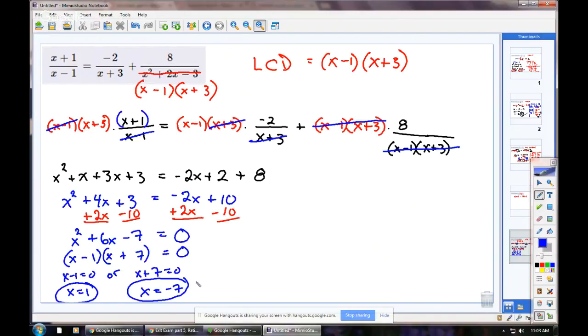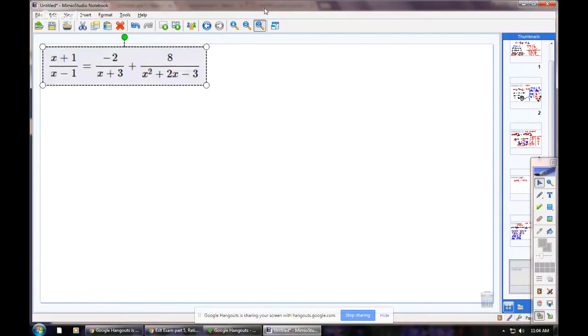So let's check on a new page. Always go back to the original, not any altered version. We're going to check first x equals 1. So your work is not done until you check.